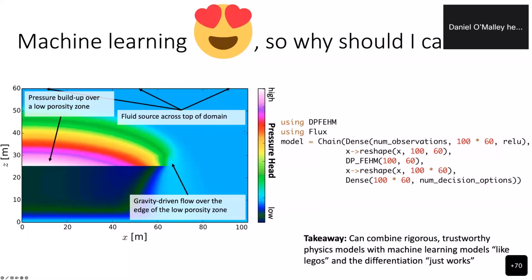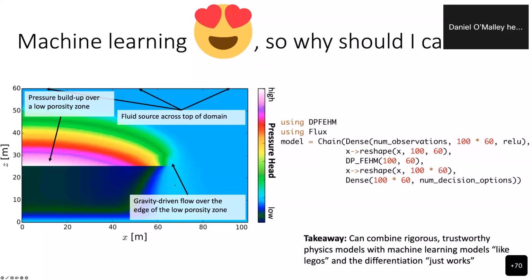So this is an example on the left of what kind of physics you can put in here. This is showing a Richards equation simulation where you have some fluid coming in from the top of the domain. There's a low permeability region here, and you get some pressure buildup over this region. And then there's some gravity-driven flow over the edge of that region.